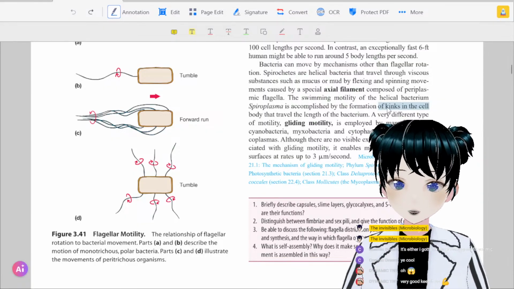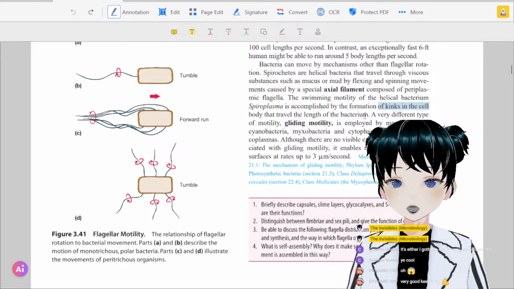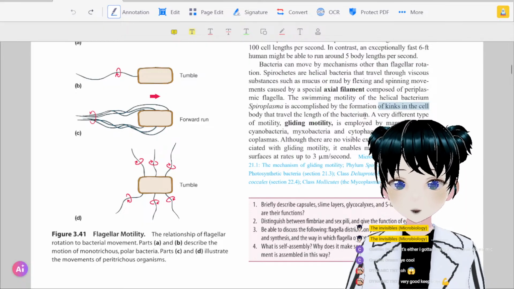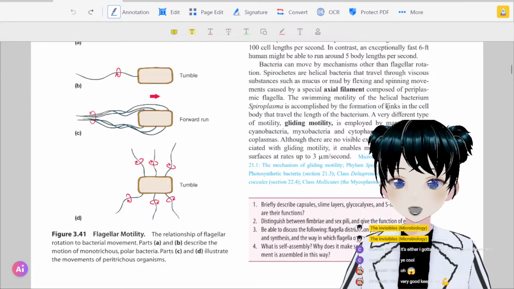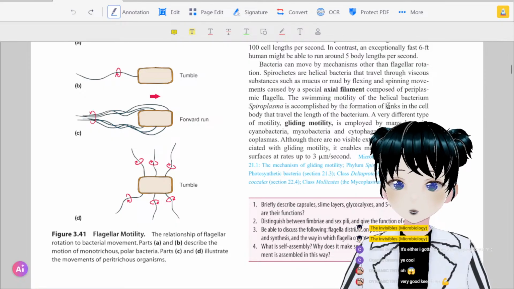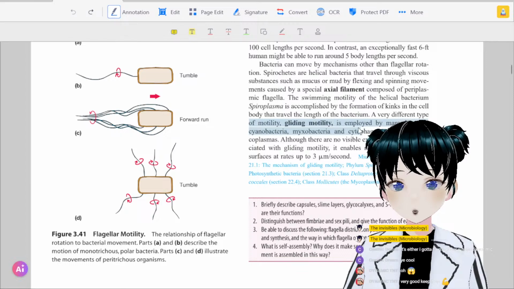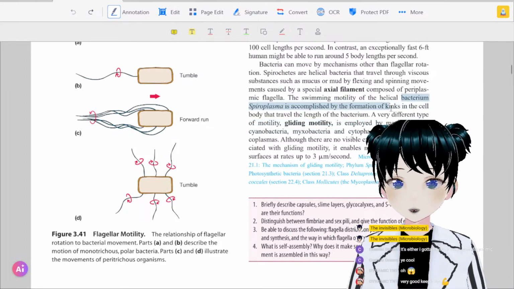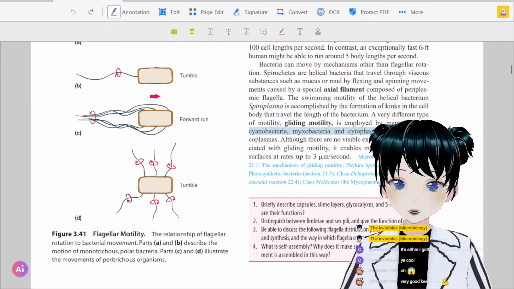Kinks are like cuts, so I don't know exactly how it moves by forming cuts in the cell body, but it moves by that. A very different type of motility is gliding motility. I think kinking is more strange than the gliding one though, but gliding is still employed by many bacteria.